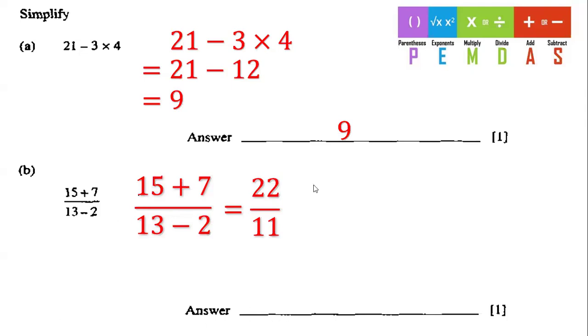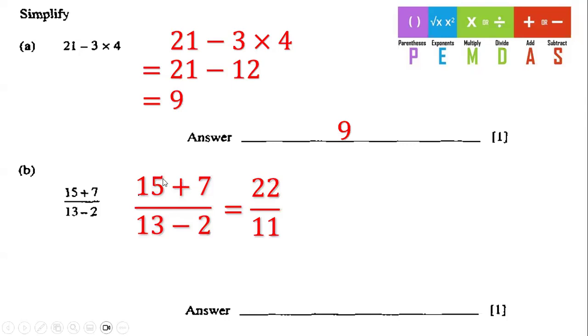And so we go ahead, Andisha. So why did you add first instead of taking away first?